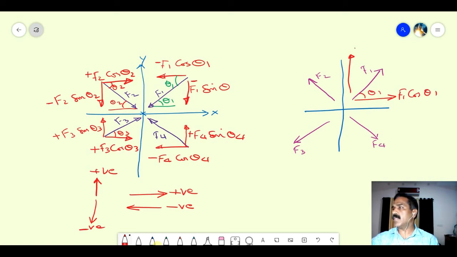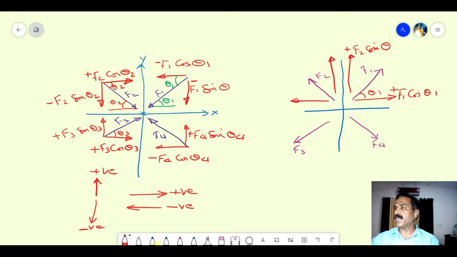And this is F1 sin theta 1. What about the sign? This is positive. This is also positive, because this is in the upward direction and this is towards right, from left to right. It is F1 cos theta 1. And F2 will have these components. This is the horizontal component and this is the vertical component.